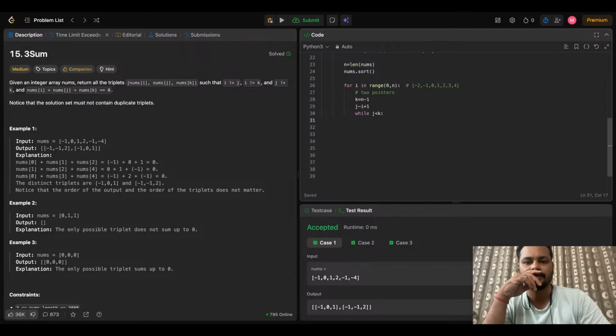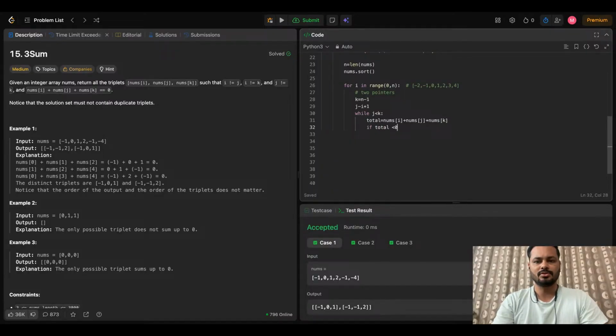So what it becomes, nums of I. Let's say my total is equal to nums of I plus nums of j plus nums of k. So if total is less than 0, then what I have to do? I have to shift my j. So j plus equals 1.